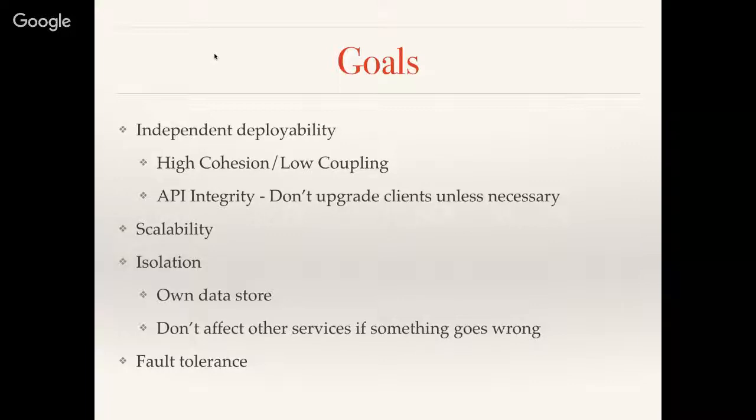But that's one of the ideas, that you'll be able to scale this according to need quickly. That is one of the goals. We talked about isolation with the data store, but also fault tolerance is that when parts of your system go down, that you've architected it such that it won't affect the whole system.